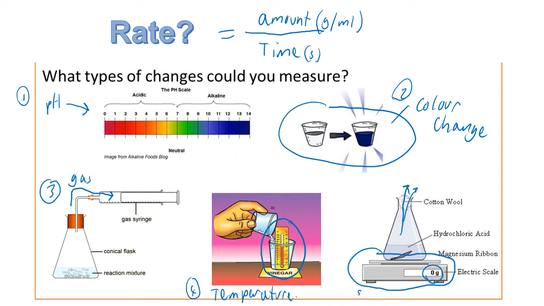So we could record the mass and how much it's lost. If it's losing lots of mass, it's a fast reaction, and if it's losing a little bit, it's a slow reaction. I'm going to pause there, and your title for this bit is: what types of changes could we measure? There are 5 of them on the page for you. So pause and record.